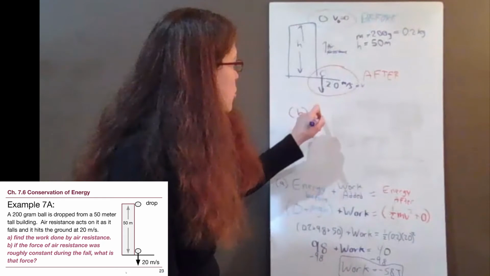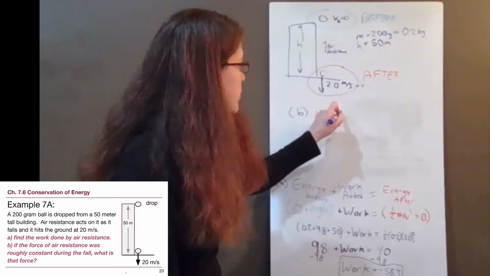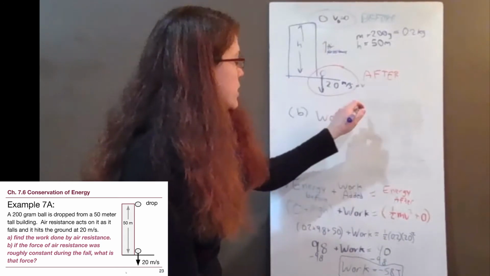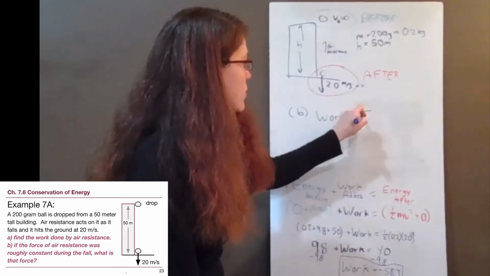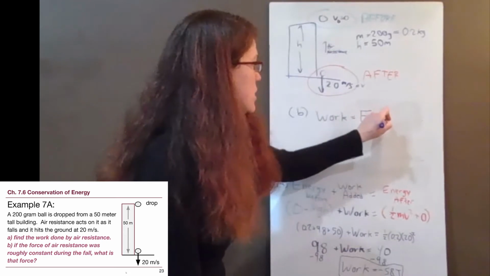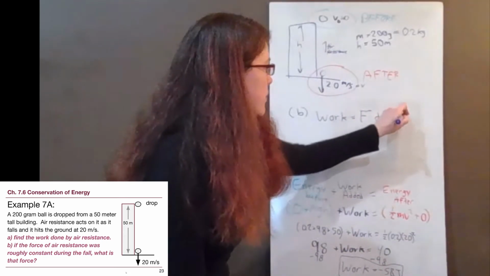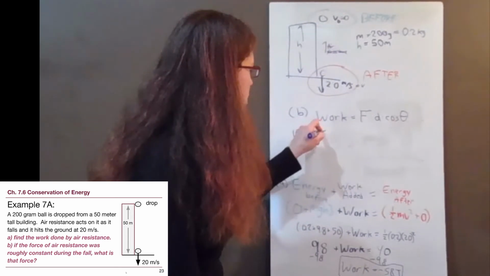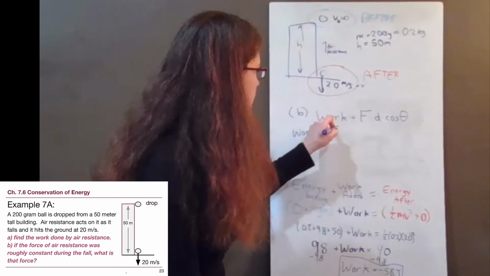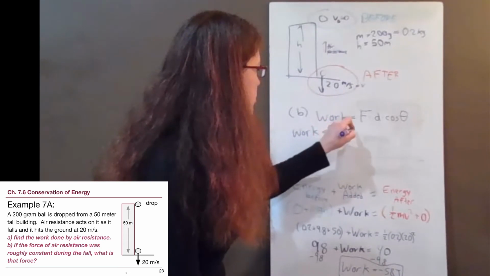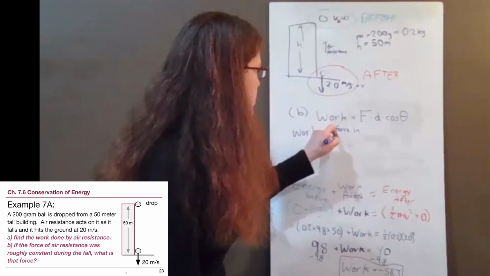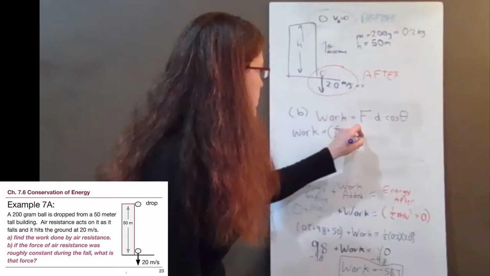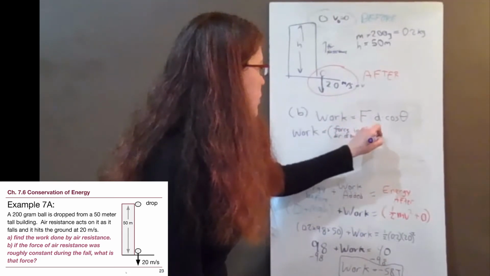So now we go back to what work really means from the very first lecture video, where work is either F times D times cosine theta, or in a better, more complete concept kind of way, it's the force in the direction of motion times the distance that we fell.